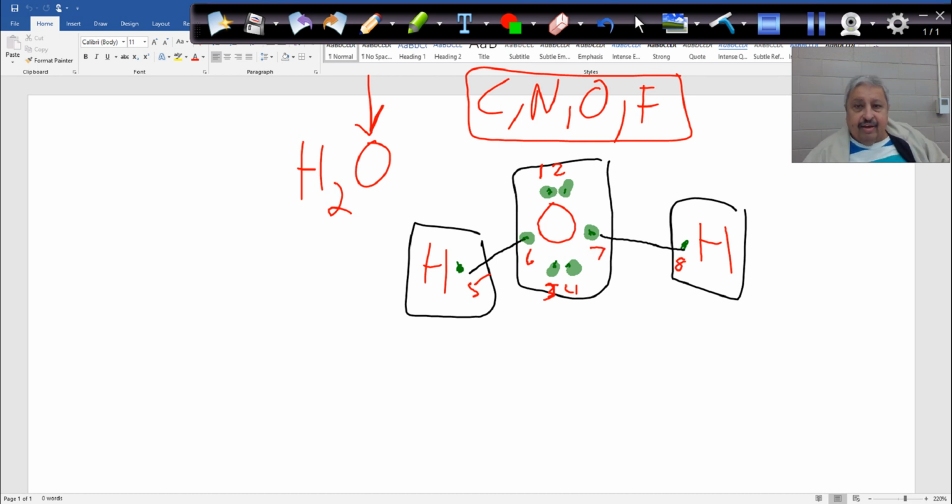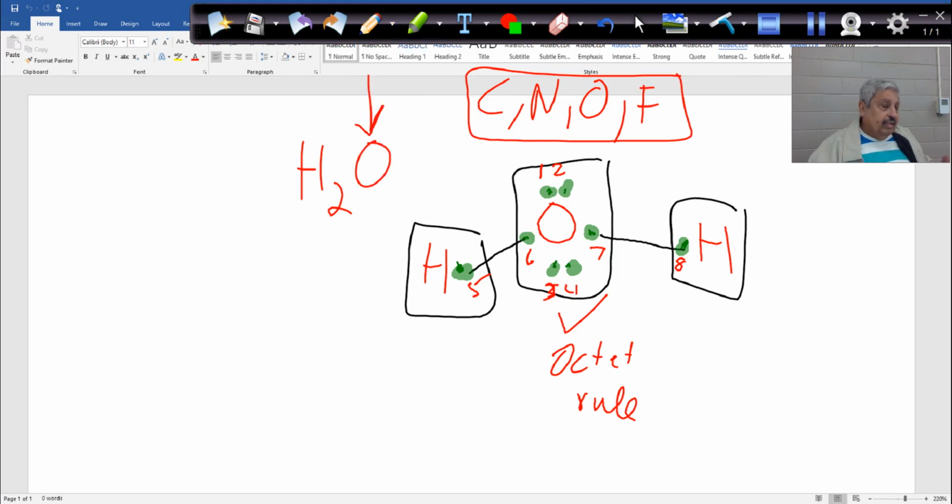It does have 8. Here it's 1, and here's 1. So it has 8. Therefore, we say the octet rule is okay. So how about the other one?